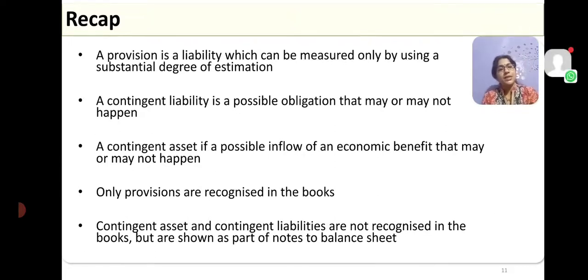So out of these three, only a provision is recognized in the books, and contingent assets and liabilities are not recognized, but they are shown as notes in the balance sheet. After the balance sheet is prepared, it can be shown as a note if it is very prominent and if the amount can be reliably estimated, not as an item in the income statement or balance sheet.